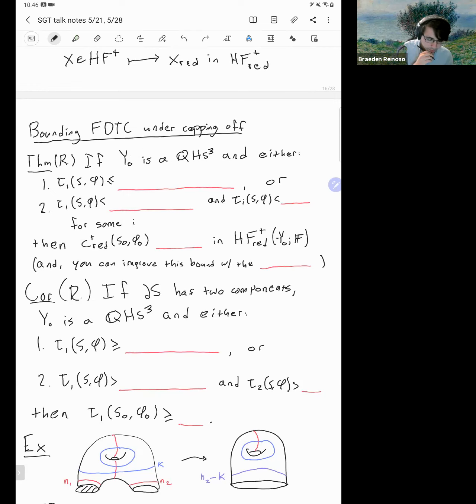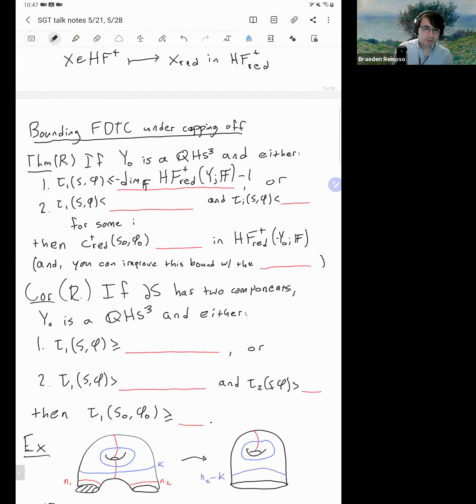So if that's a rational homology sphere, and either one of these two conditions holds, the first one is simply that the dimension as a vector space over F of HF plus reduced of Y with coefficients in F is less than or equal to some bound, and the fractional Dehn twist coefficient is less than a negative number.